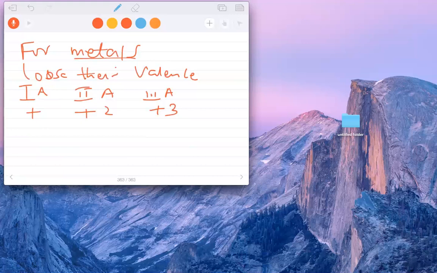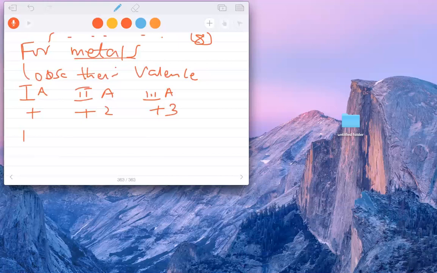The losing and gaining has to do with ending with 8 valence electrons in the outermost shell. So if it is past 4, they're going to gain electrons to get to 8. That is the octet rule.